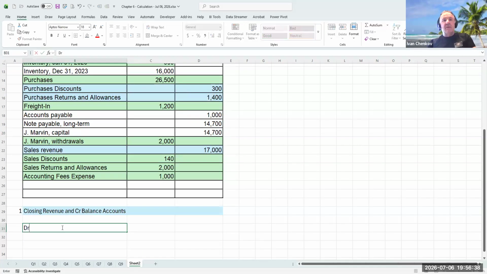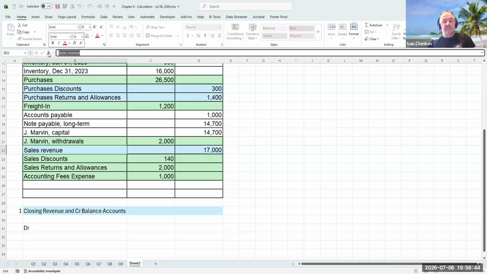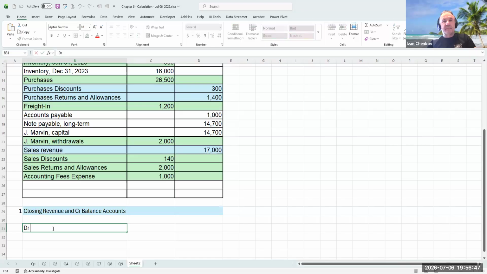So what are we going to do? First, we're going to debit the sales revenue account. Then I'm going to debit the purchase discount account.